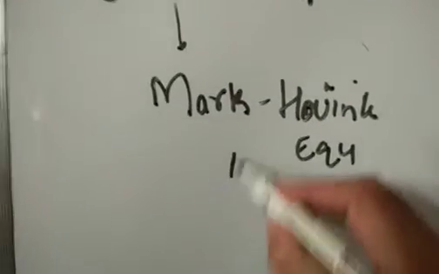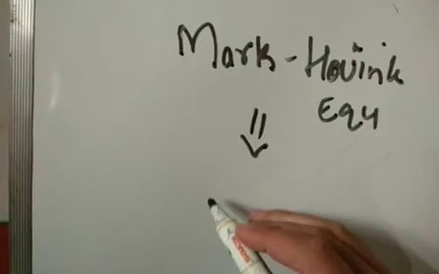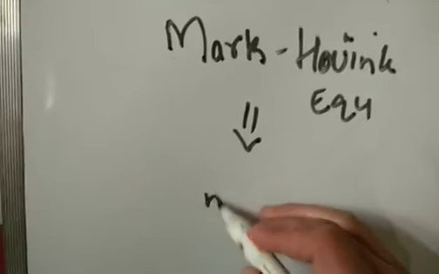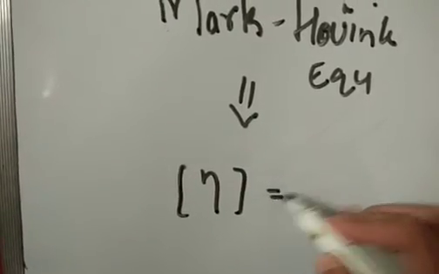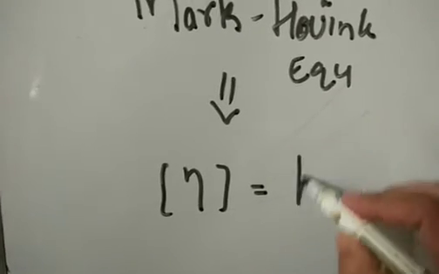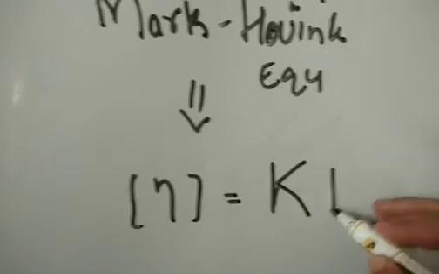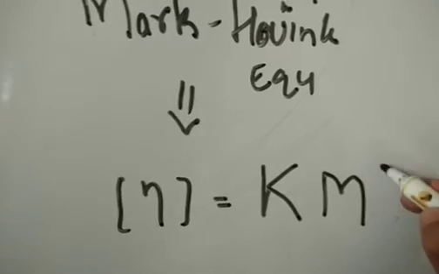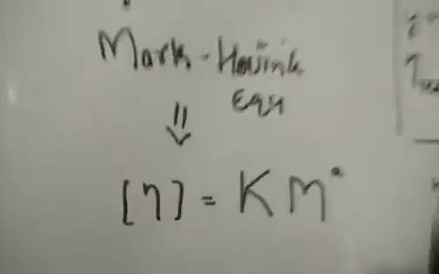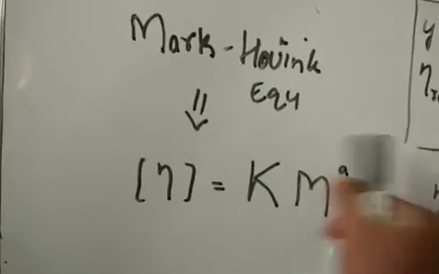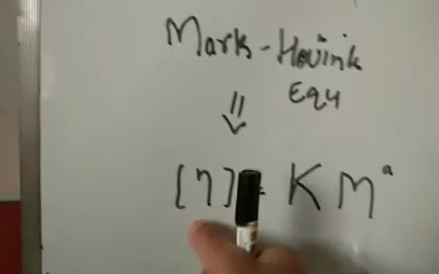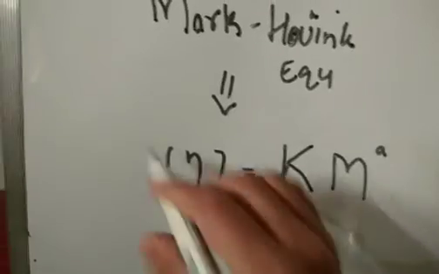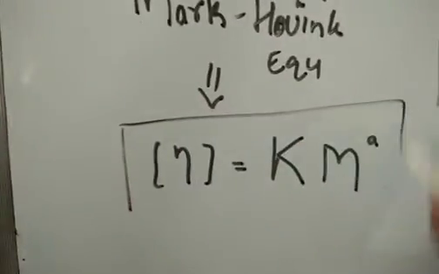So what is that equation? Your intrinsic viscosity is equal to capital K times the molecular mass of the polymer to the power a, where a and K are the constants, M is the molecular mass of the polymer, and this is the intrinsic viscosity. This is your Mark-Houwink equation.